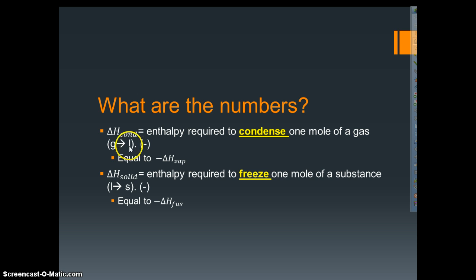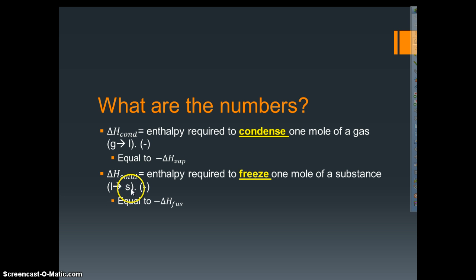So numerically, if you want to know delta H condensation, you have to know the delta H of the opposite, which is vaporization, and then they just have opposite signs. Delta H of vaporization was positive, so condensation is the same numerical number, just the opposite sign. Same thing with delta H of solidification, the amount of energy it takes to freeze something, so liquid to solid.